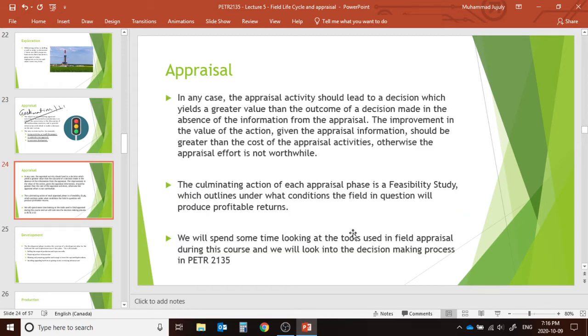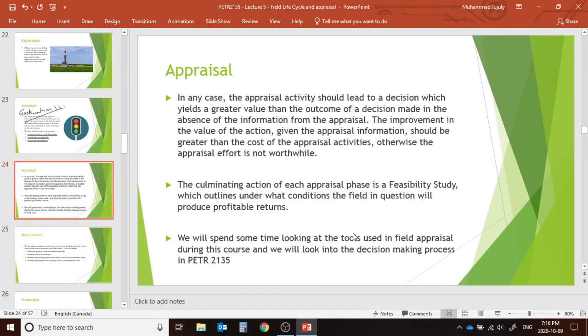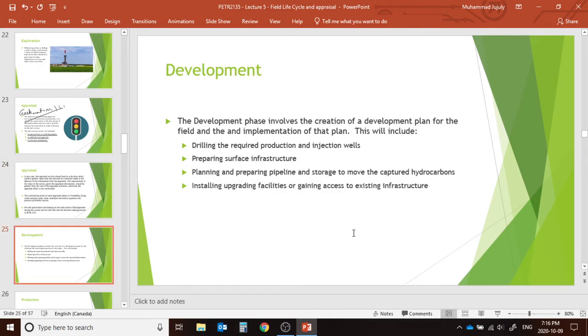So these are the things we have discussed already. Field development, and the later slides will go even further. The development phase involves the creation of the development plans, okay.